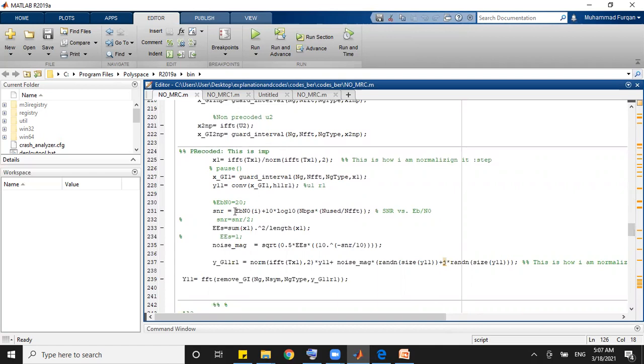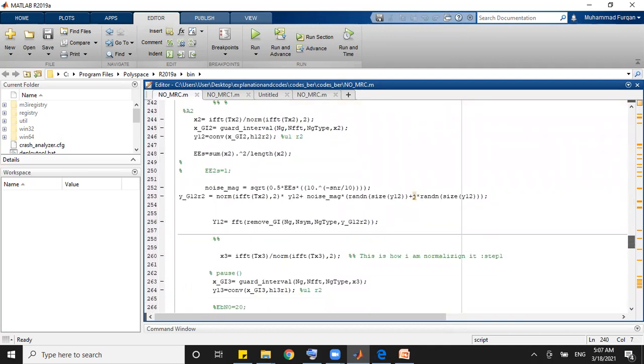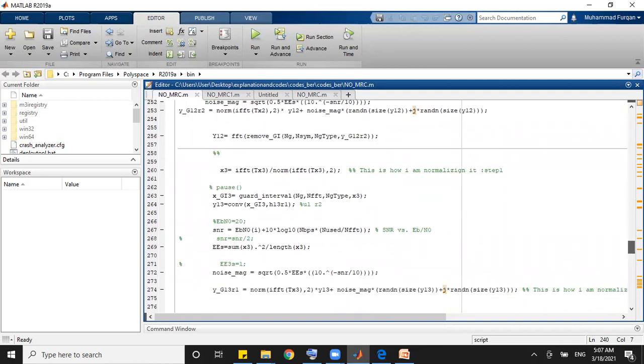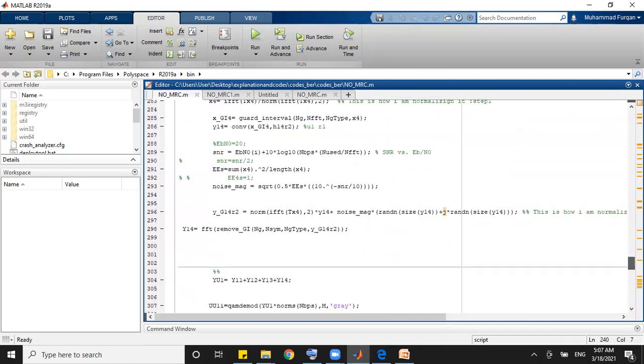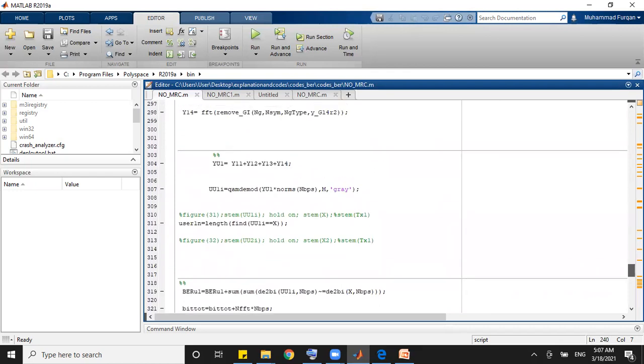We do the convolution, add noise, do the FFT, and the final received signal at user 1 from antenna 1 is written as follows. Similarly, for antenna 2, antenna 3, and antenna 4, and all the received signals at user 1 from antennas 1, 2, 3, and 4 are then added, and it can be written as follows.